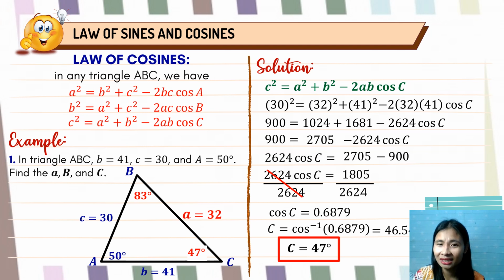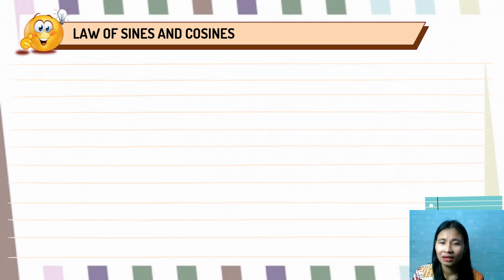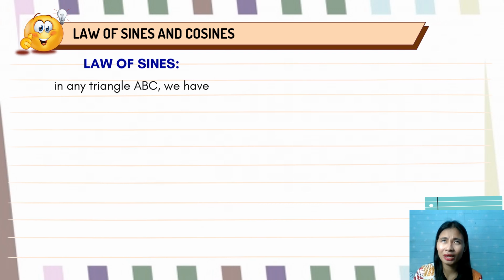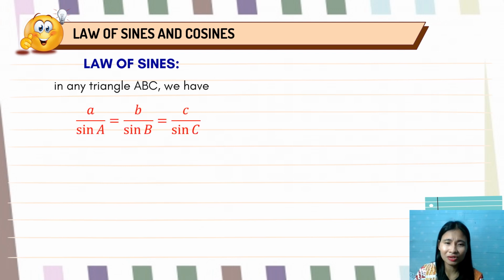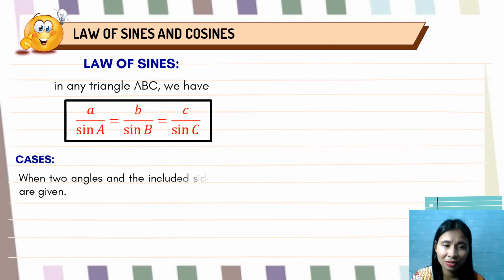Now, here's a hint. What is the hint for us to know which particular law to use? Law of sine or law of cosine? From the equation of law of sine, a over sine A is equal to b over sine B is equal to c over sine C, try to make use of this condition.